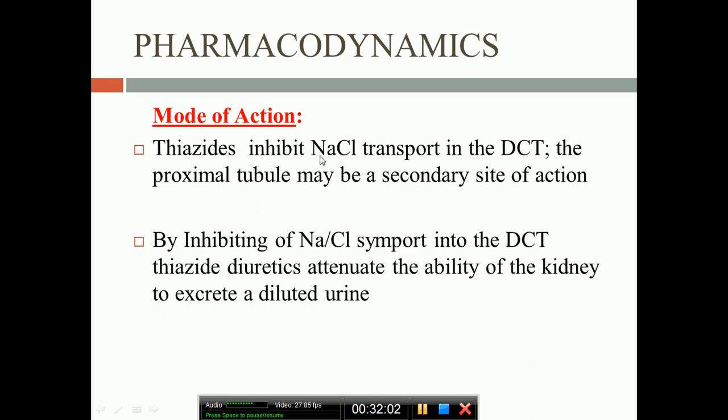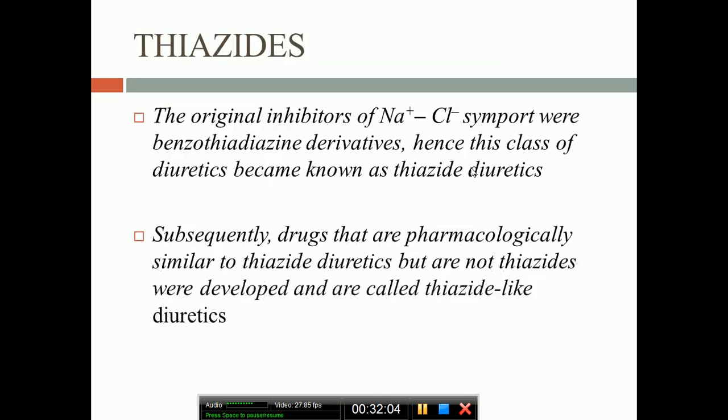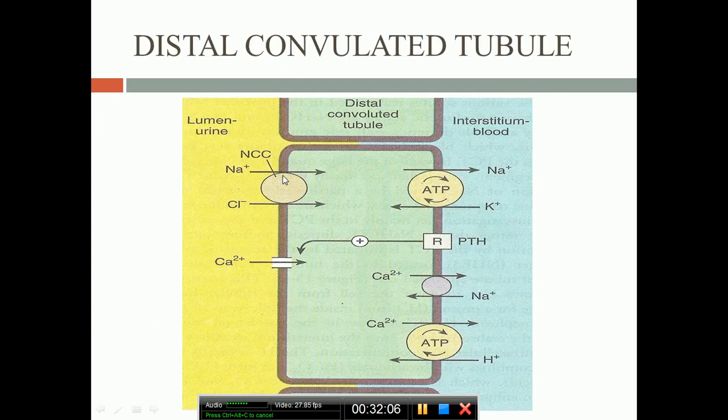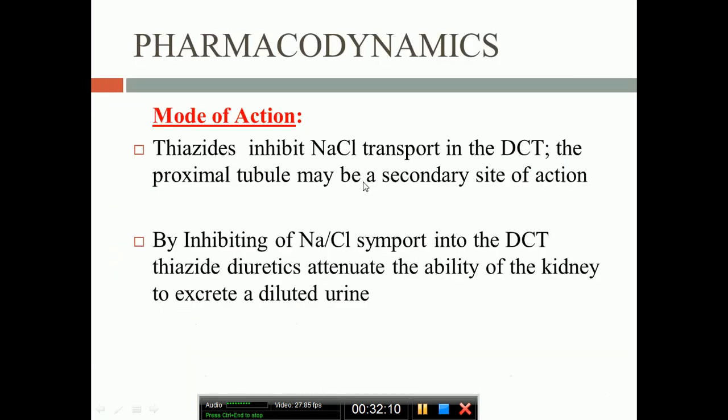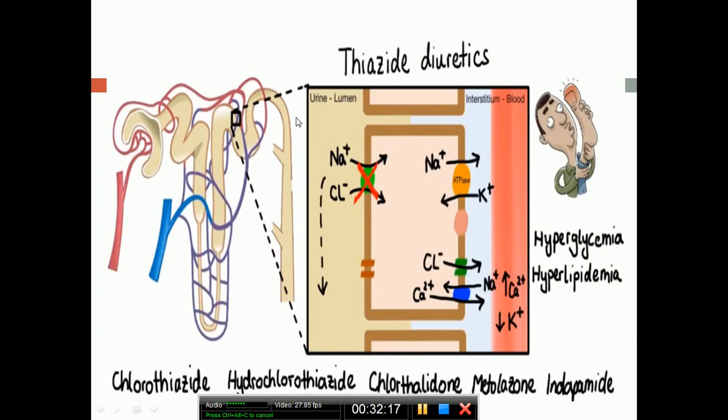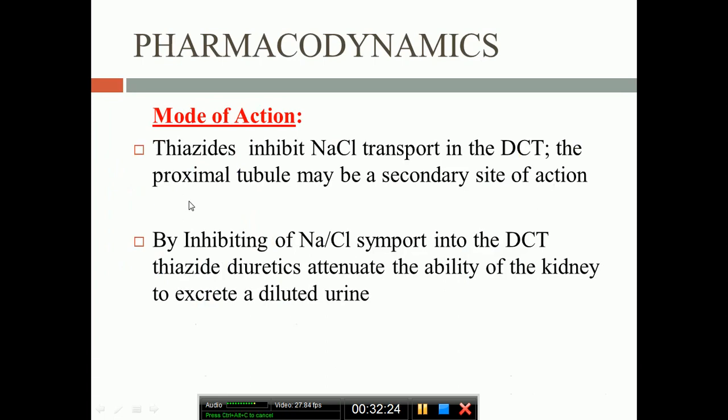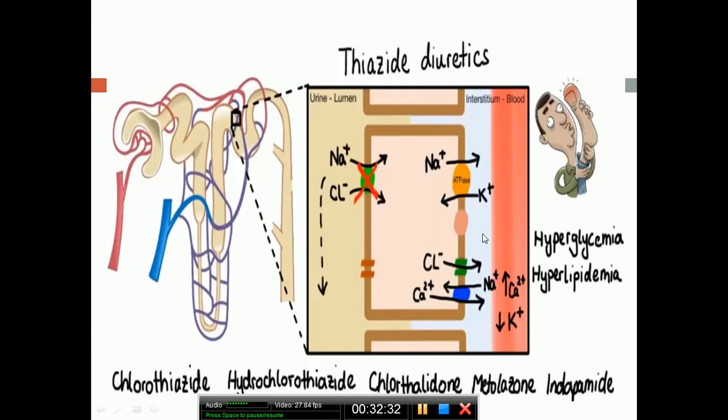Thiazide diuretics inhibit sodium chloride transport in the DCT. Here, this transport or this channel is inhibited. The proximal tubule may be a secondary site of action. By inhibiting sodium chloride symport in the DCT, thiazide diuretics attenuate the ability of the kidney to excrete a diluted urine.